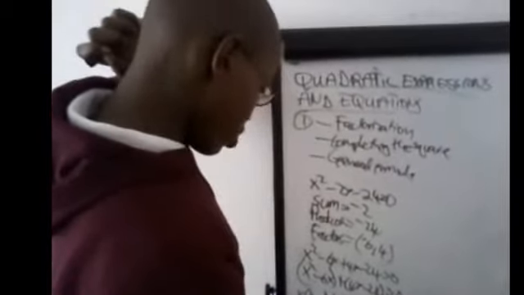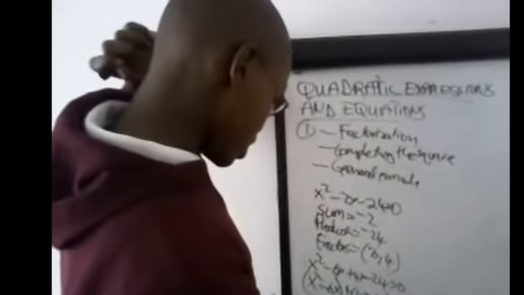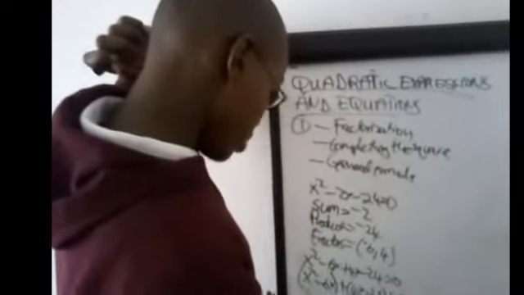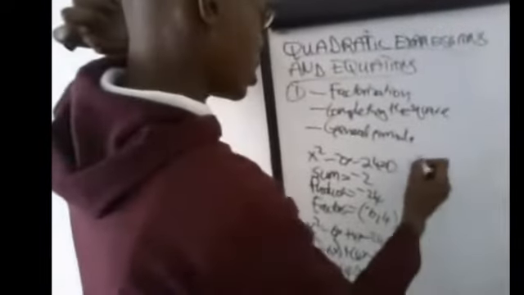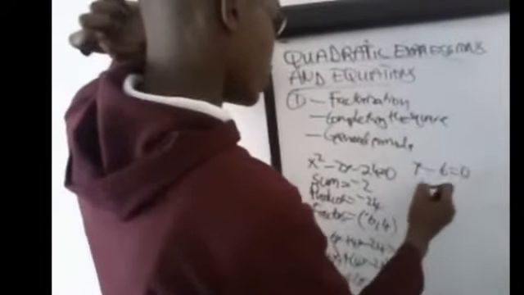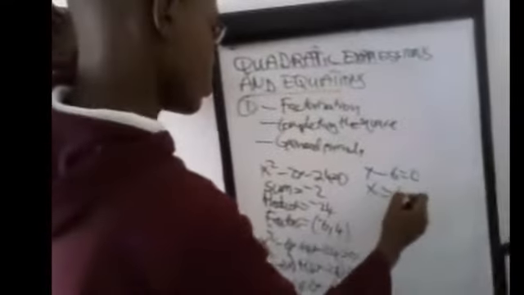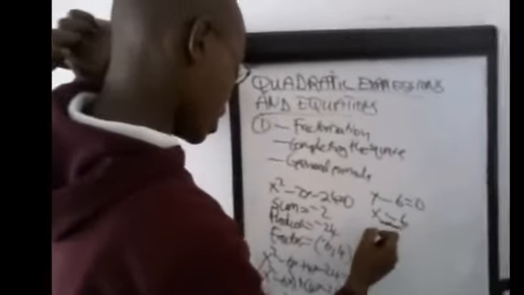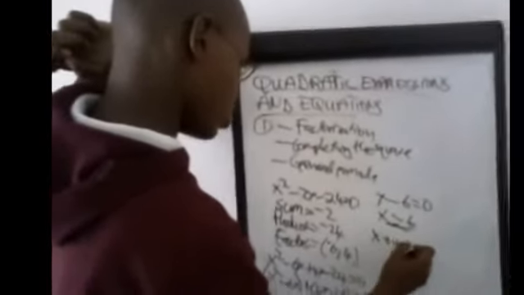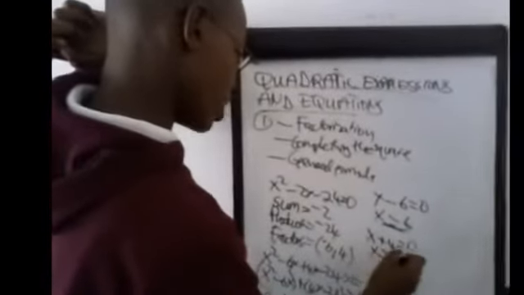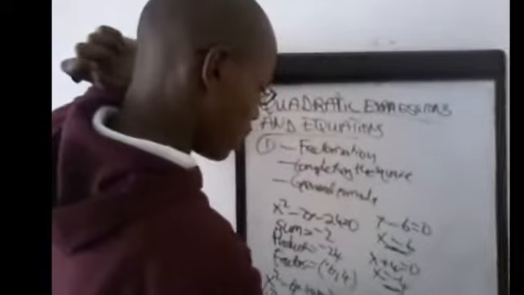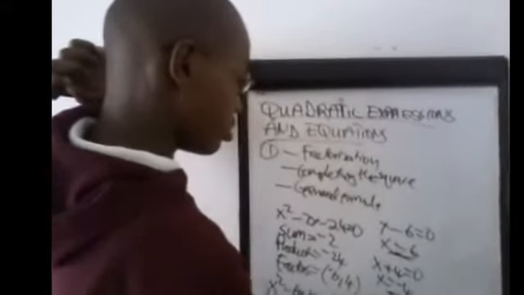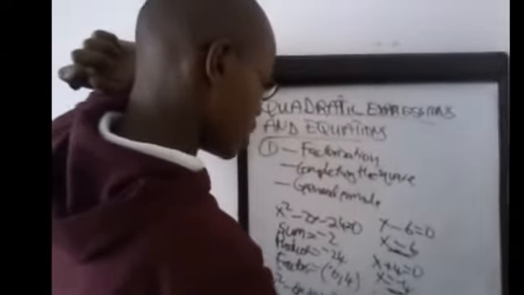So we take (x minus 6)(x plus 4), and now we can evaluate the value of x. X minus 6 equals 0, so x equals 6. X plus 4 equals 0, so x equals negative 4. So x equals 6 or negative 4.